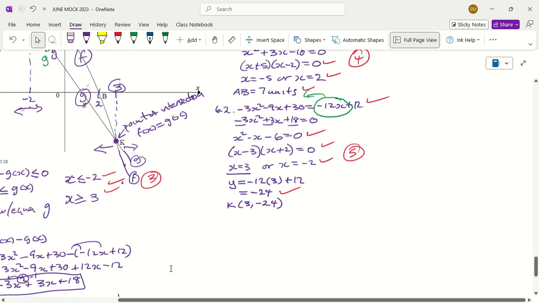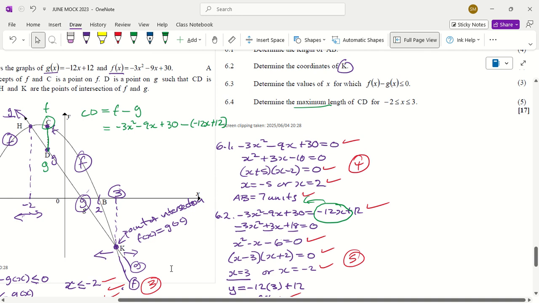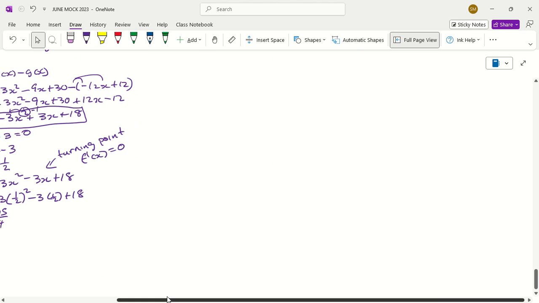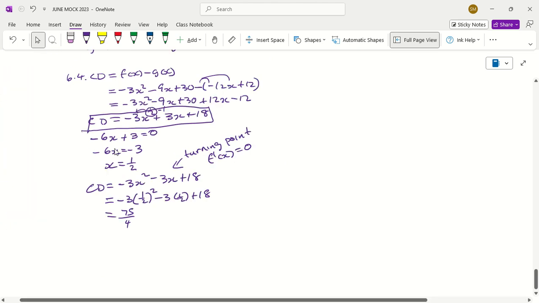So if you look at our answer here, x is between negative 2 and 3, and our answer, which is 1 over 2, is between negative 2 and 3.